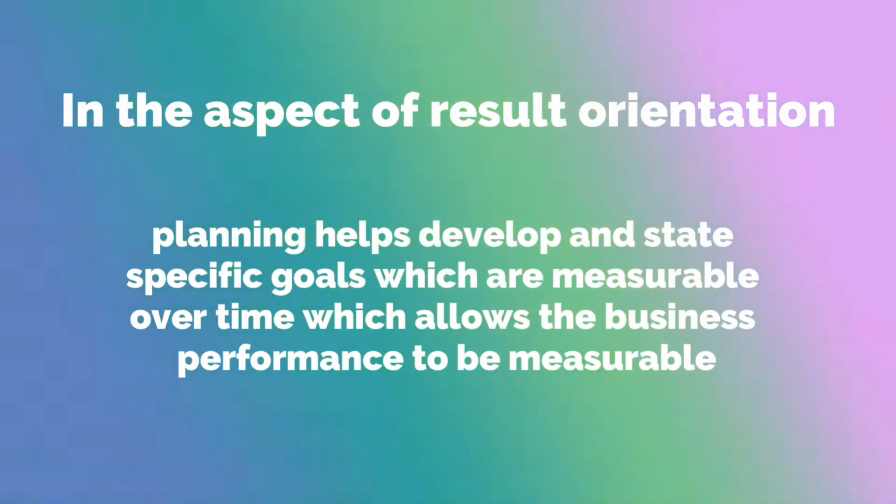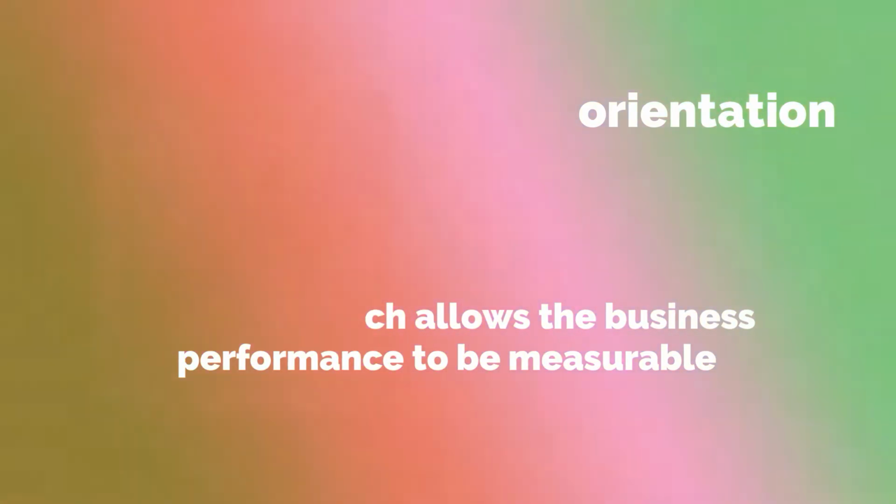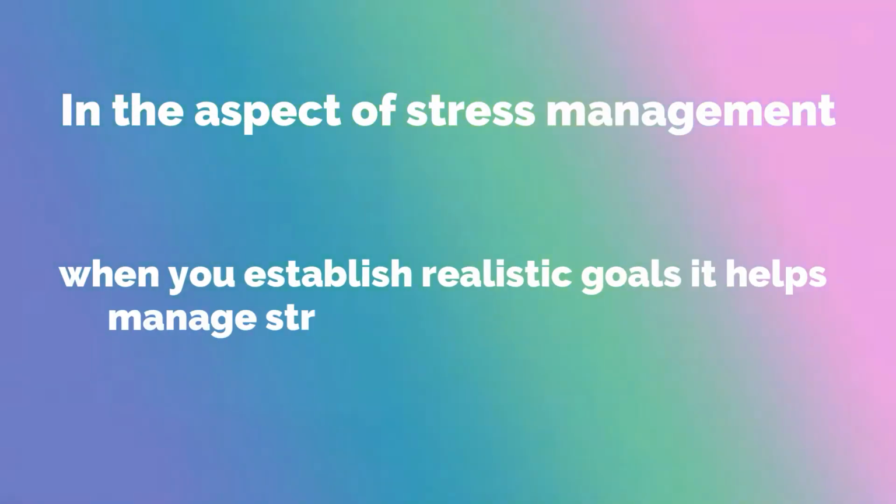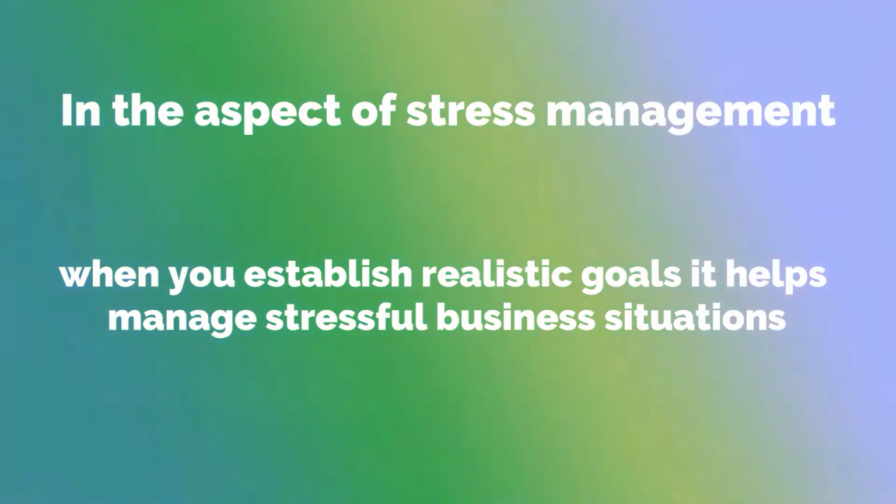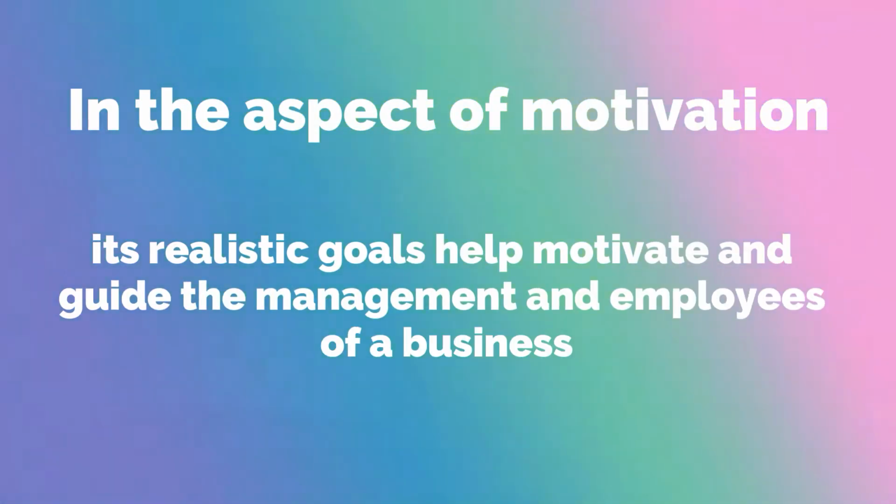In the aspect of result orientation, planning helps develop and state specific goals which are measurable over time, which allows the business performance to be measurable. In the aspect of stress management, when you establish realistic goals, it helps manage stressful business situations. And lastly, in the aspect of motivation, realistic goals help motivate and guide the management and employees of a business.